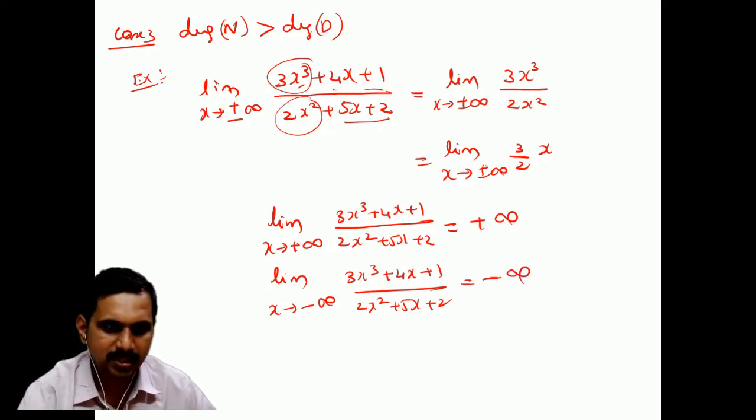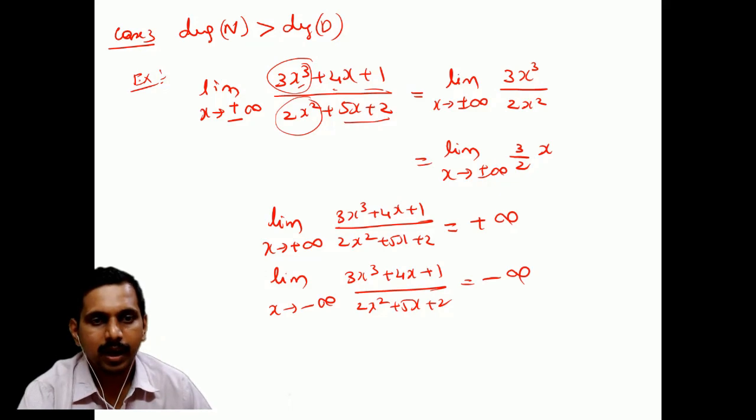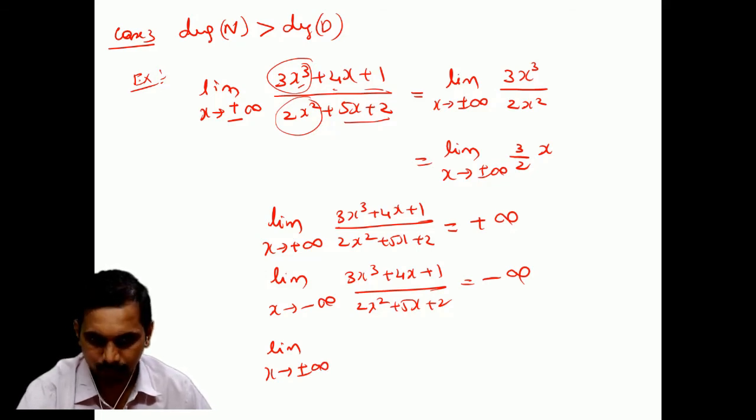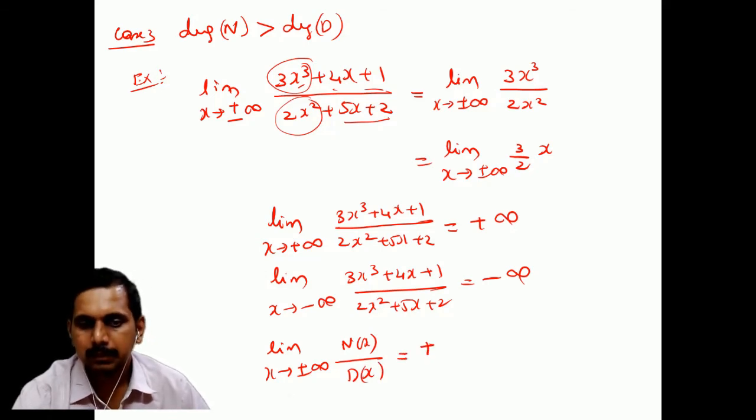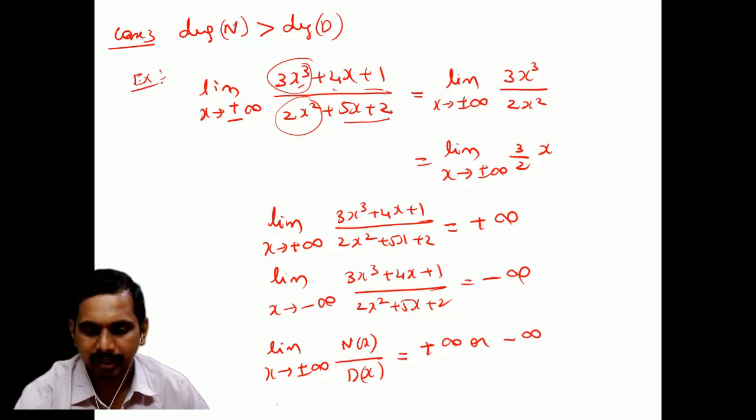So here in this case, limit x tending to plus or minus infinity of the numerator function divided by the denominator function, n of x divided by d of x, would be equal to generally plus infinity or minus infinity, one of the two.